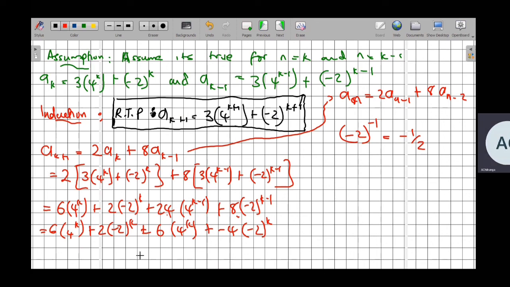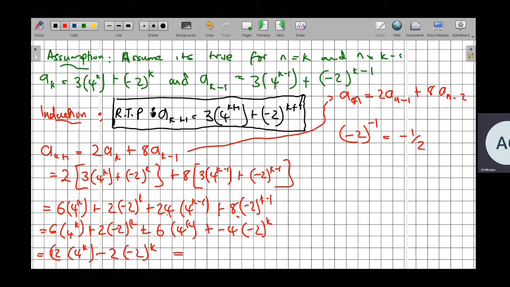So what is the next step now? If we combine, does it give us what we want? 12 times 4^k. That's fine. Then this was going to give us minus 2 times (-2)^k. Then we have to do something here because we want plus 1.